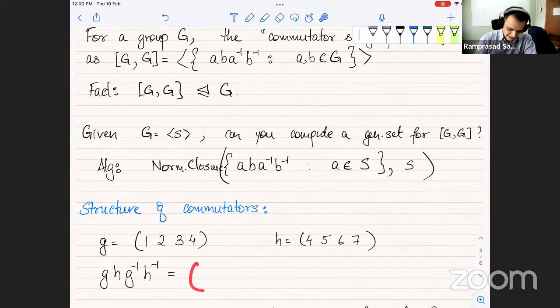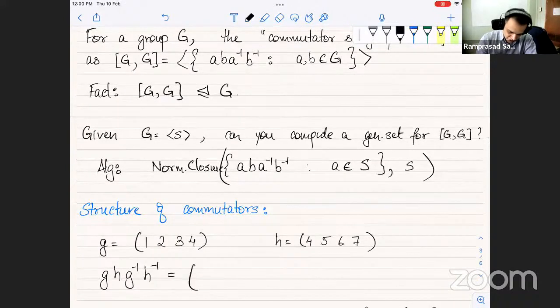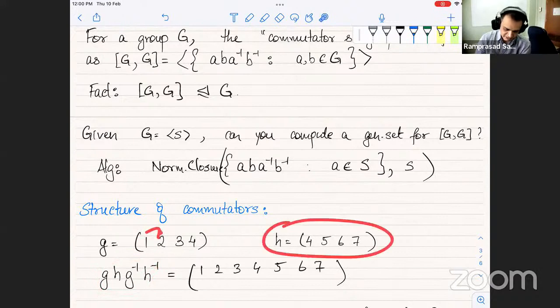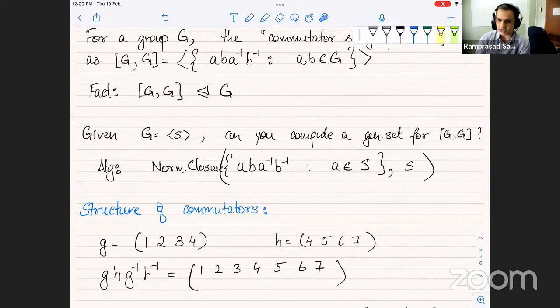Okay. So let's just write down what this commutator is supposed to do. So it's 1, 2, 3, 4, 5, 6, and 7. Where is 1 going to go by this operation? So 1 goes to 2. H doesn't do anything to 2. And then G inverse moves 2 back to 1, and again H inverse doesn't do anything to 1.